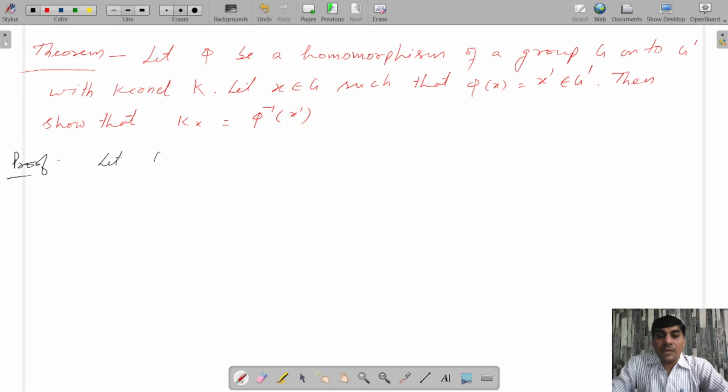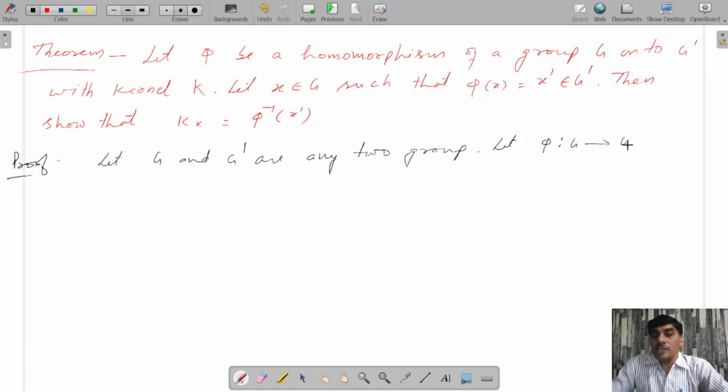Let G and G dash be any two groups. Let phi from G to G dash be a homomorphism.